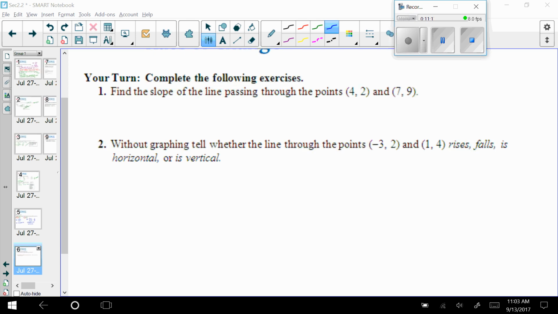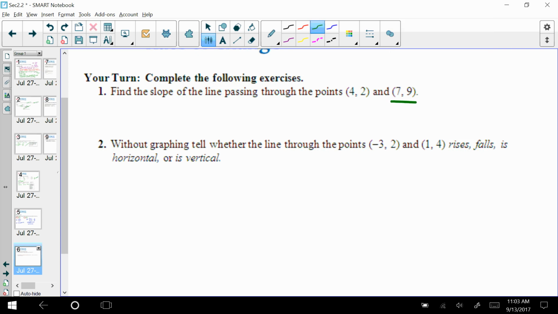So in this first example, again, we can use this as y2, x2, and this as x1, y1.